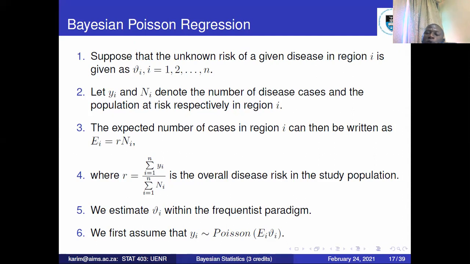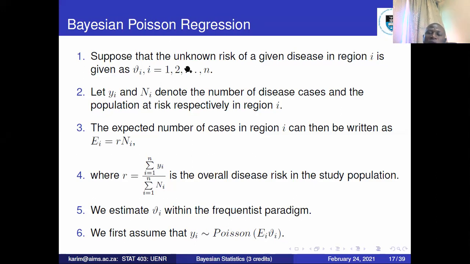But then how do we do that under the regression model? If we want to estimate the risk of disease in a given area or in a given region or in a given country, how do we do that under the Poisson regression?